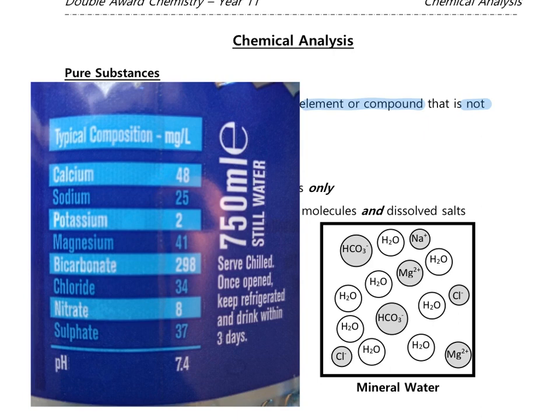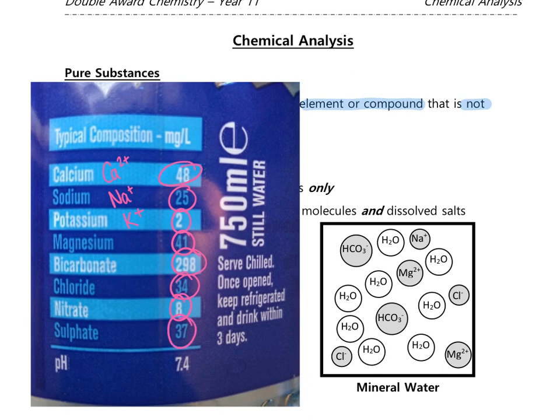Now some water bottles will have the formula of the ion there as well. So we can see that we have 48 milligrams per litre of calcium ions. That will be Ca2+ ions. And we have 25 milligrams per litre of sodium ions, which will be Na+. 2 milligrams per litre of potassium ions. We've got magnesium ions, bicarbonate ions, chloride ions, nitrate ions, and sulfate ions as well.